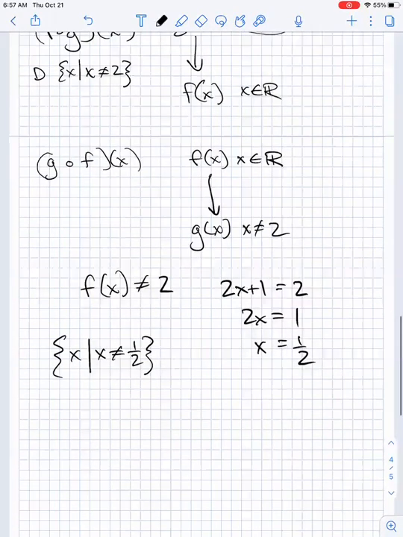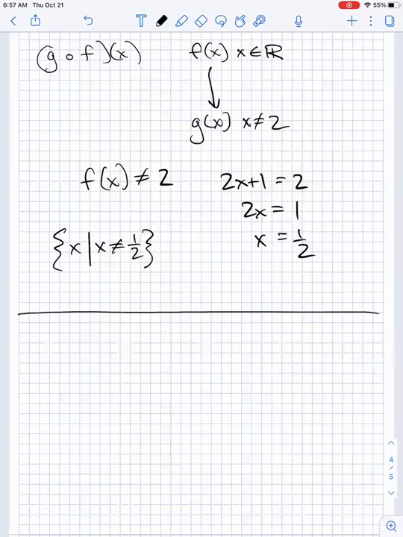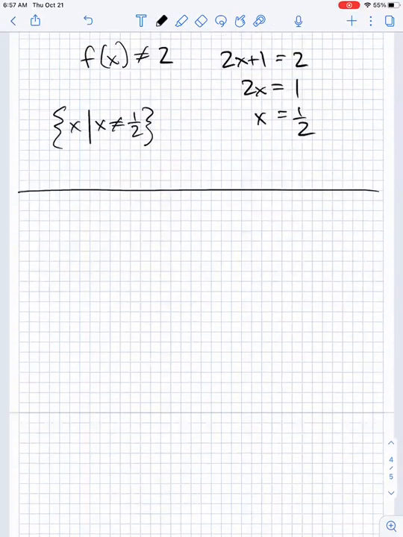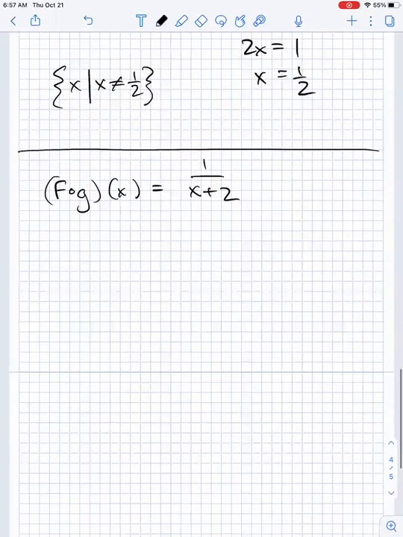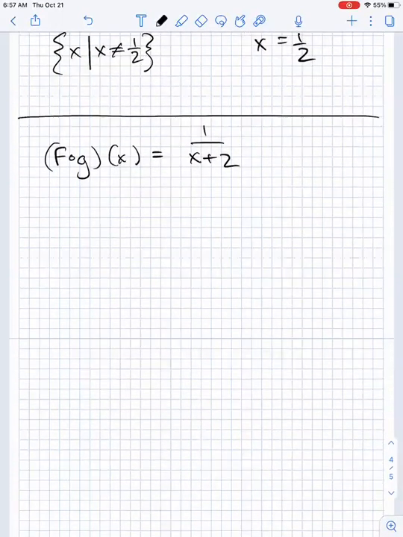The last part of this is going backwards. You can find the components of a composite function. So let's say that f of g of x equals 1 over x plus 2. We can actually make this out of 2 components. You can see that you've got a 1 over x where the x has been replaced by x plus 2.